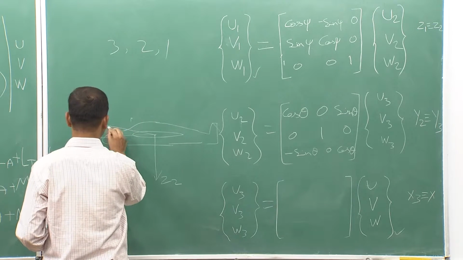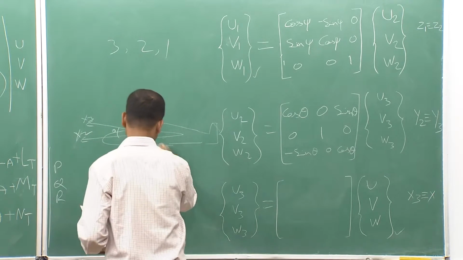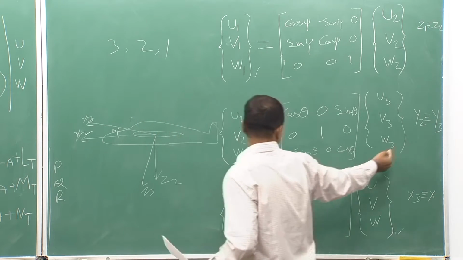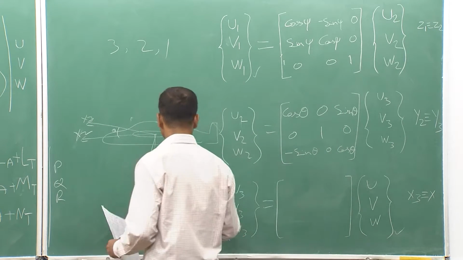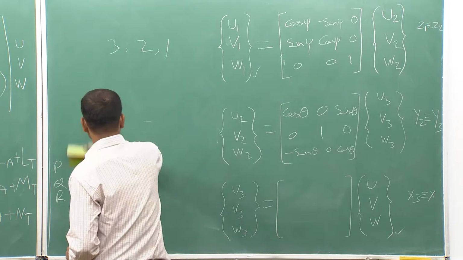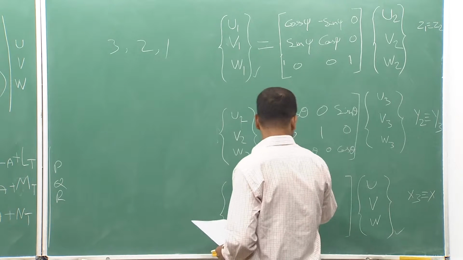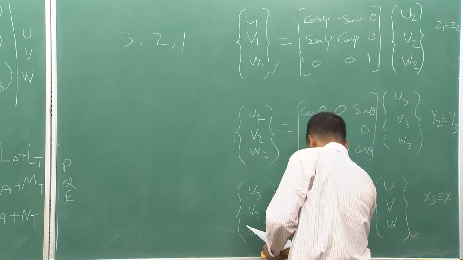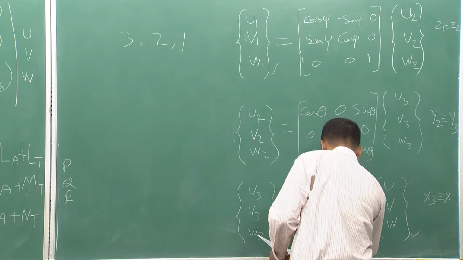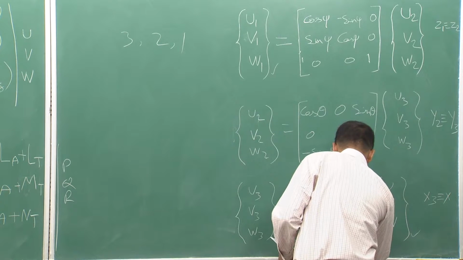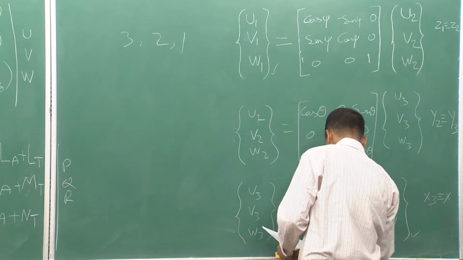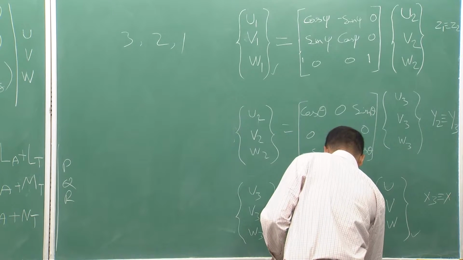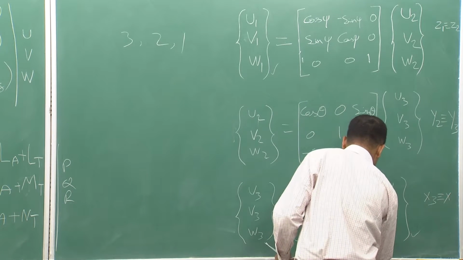After the theta rotation we will get x3 and z3. The y2 and y3 will remain same. In this third rotation you will get the matrix 1 0 0, 0 cos phi, minus sin phi, 0, sin phi and cos phi.